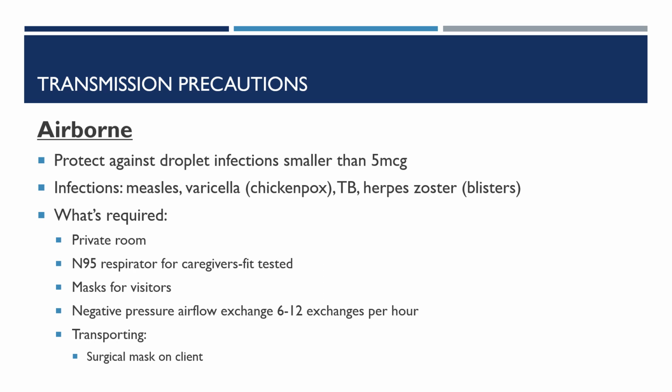When you go to clinical or in the future and you've never been fit tested for the N95 respirator, you can't go in that room. Visitors can wear a plain surgical mask because they have not been fitted for the N95. The room must have negative pressure airflow, with about 6 to 12 air exchanges per hour.